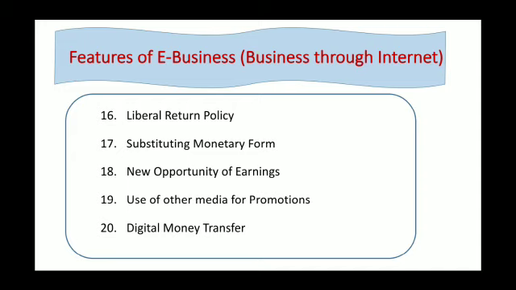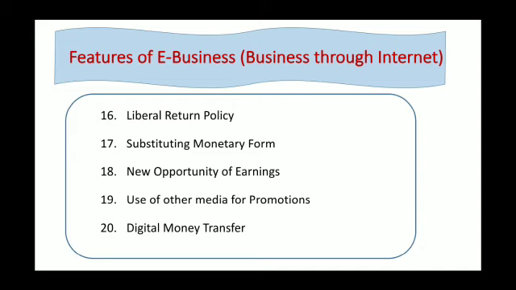Like Reliance Trends, if they open a shop of Reliance Trends, they are giving so many offers, like 50% discount, or if you get a 2,999 product, then another 2,999 product will be free for you. These kinds of offers you can see through television and newspaper also.